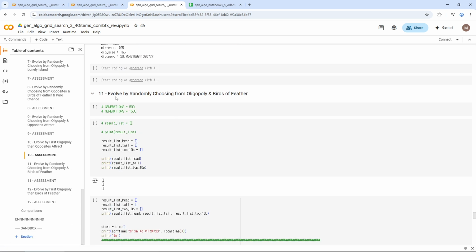And step 11 is evolve by randomly choosing from oligopoly and birds of feather. This is kind of like the opposite.